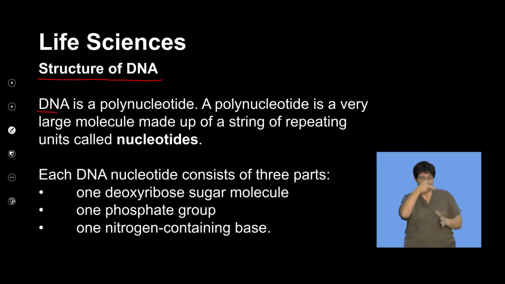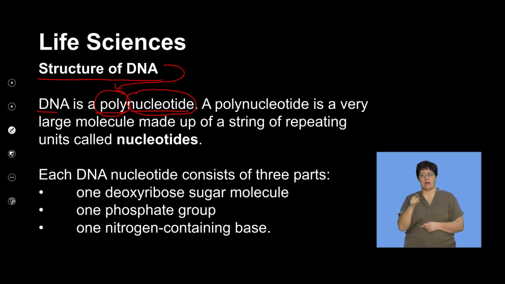So DNA is a polynucleotide. If we try and break this word up, poly means many, and nucleotide refers to essentially a building block of DNA. So DNA is a molecule that is made up of many smaller building blocks called nucleotides.